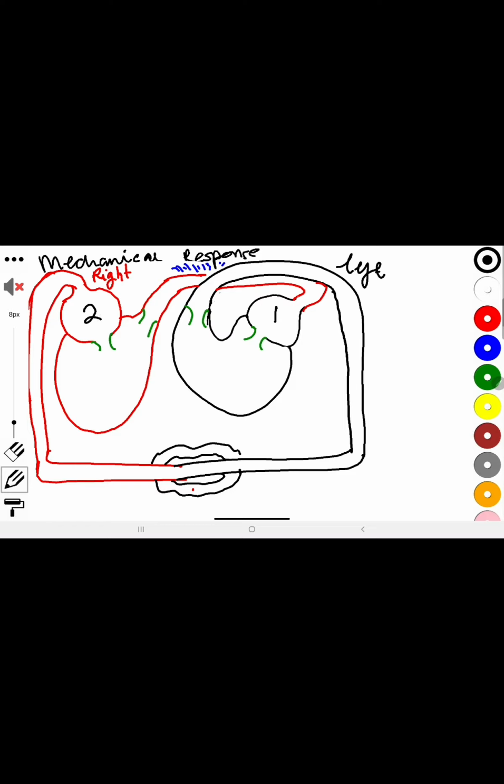The left atrium is connected to the lungs, the lung area, and these are getting blood from the right ventricle. So the right ventricle is receiving from the right atrium, which receives from the rest of the body.